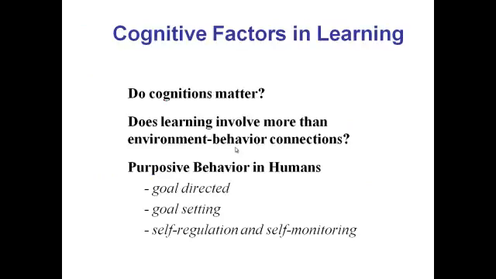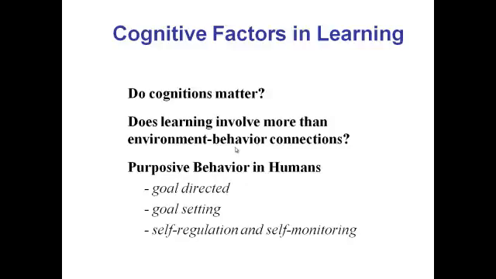So again, this brings us to the cognitive factors of learning. Do cognitions matter? They most certainly do matter. We have expectations about what will happen if we do something. So it's important in terms of the decisions about what we do. It's more than just the stimulus response. It's more than just the behavior consequences. There's a lot that's going on in our head. We engage in purposeful behavior. We are goal directed.